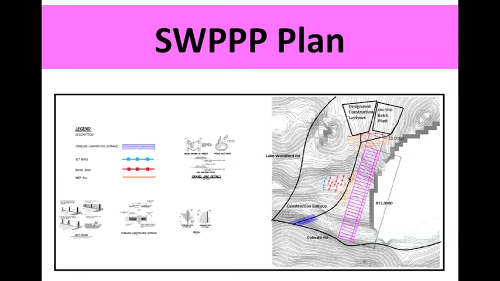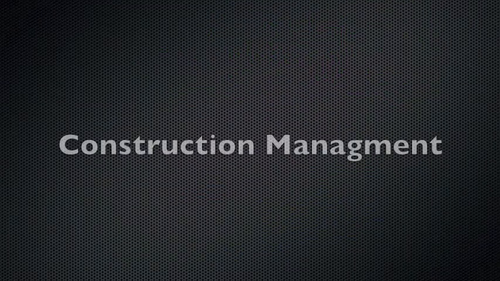We added fiber rolls along the road crossing the creek to also prevent any contaminated runoff from going into the creek, followed by gravel bags and a silt fence. We provided a stabilized construction entrance at the entrance of the project to prevent any contaminated substances coming onto the project or coming off.